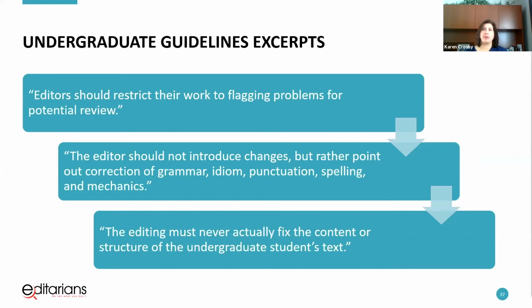So for example, if I read a sentence where the subject and verb do not agree, I should insert a comment saying, please fix subject-verb disagreement. I should not fix the disagreement. And unfortunately, this approach is time-consuming and therefore expensive. It takes a lot longer for me to insert a comment and write, you need a comma here, than it does to just insert a comma.